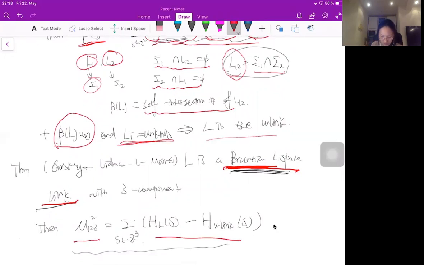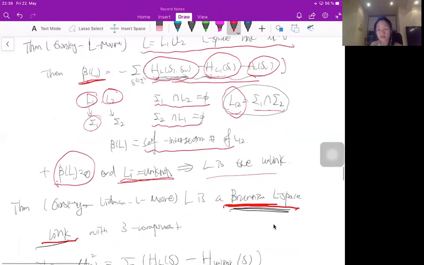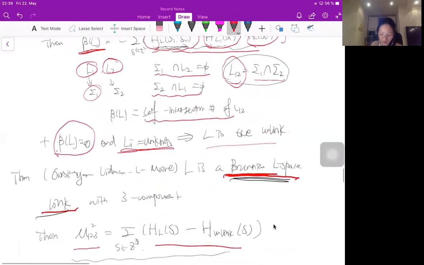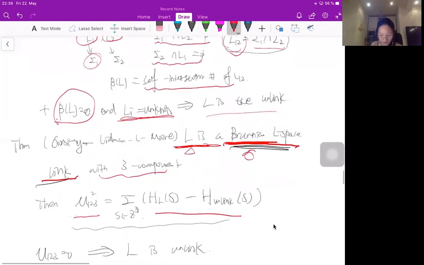And then in the joint work with Gorski, Liebman, and Moon, we generalize the relation with Sato-Levin to the Milnor triple linking number. Meaning, if we now have a 3-component L-space link L, and we assume it's Brunnian, meaning every proper sublink is the unlink, then we can prove that the triple linking number of L, squared, equals the sum of the H function of L minus the H function of the unlink.